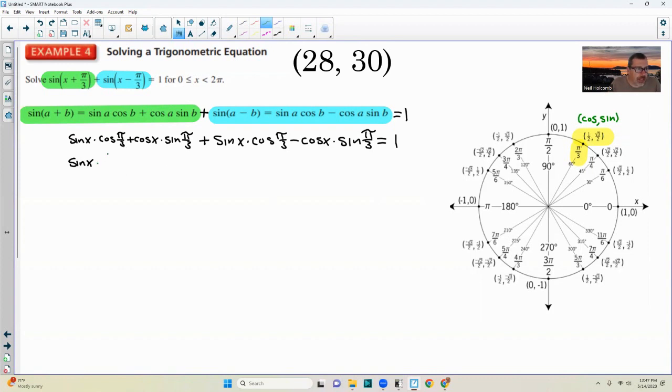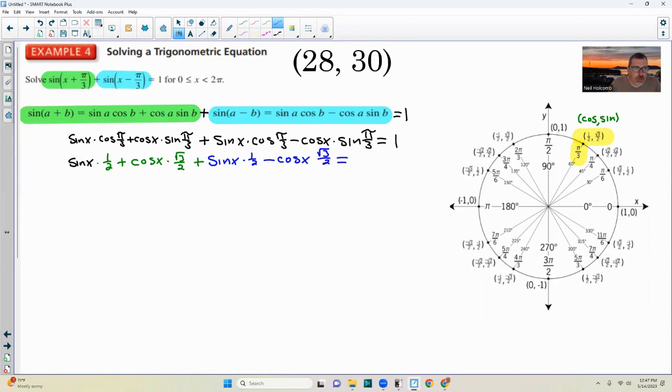So it's the sine of x times 1/2 plus cosine of x sine of pi over 3, which is times the square root of 3 over 2, plus, now we switch to blue, the sine of x cosine pi over 3, which is times 1/2, minus cosine x sine of pi over 3, which is the square root of 3 over 2.